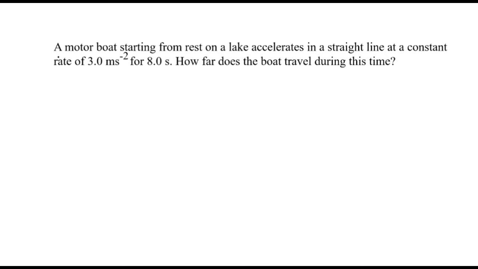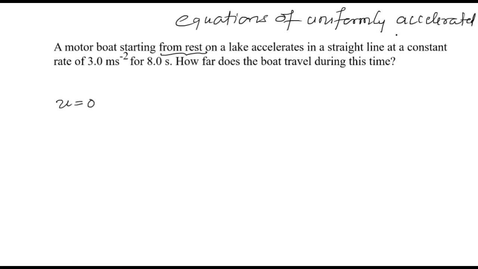It's about a motor boat. A motor boat starts from rest. Now what does it mean? Starts from rest, initial velocity is 0. As I said, initial velocity is represented by a small u. Please refer to all those videos in this series, all 4 to 5 videos where we have taken up a few questions on equations of uniformly accelerated motion.